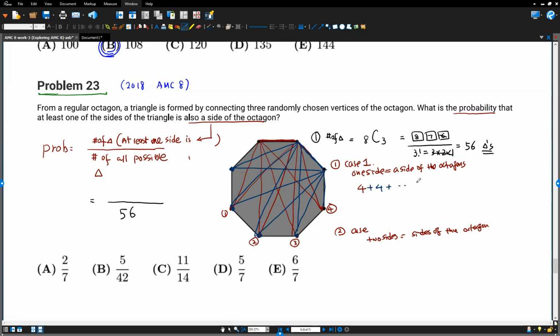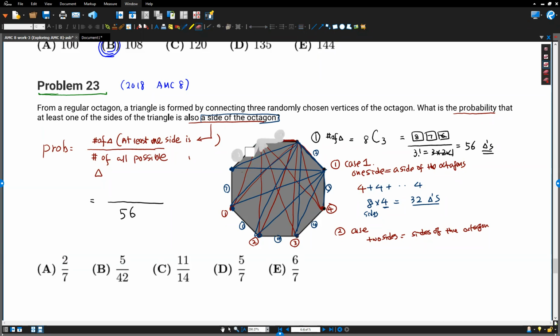So 8 times 4, each side gives 4 triangles. 1 side, 2 side, 3 side, 4 side, 5 side, 6 side, 7 side, 8 side. So there will be 32 triangles that have exactly one side on the octagon.